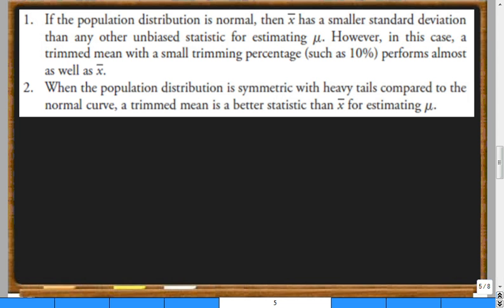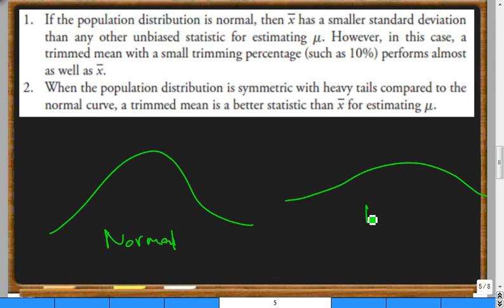Something like this would be normal, and this would be more like a heavy tail. We've got bigger tails than we would normally have. It's a little bit flatter than usual.